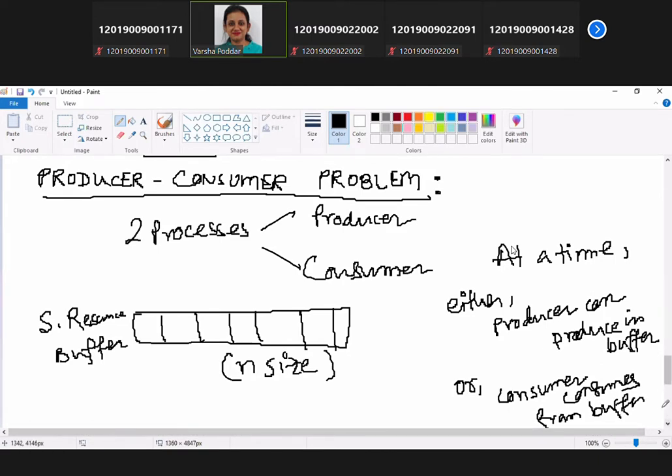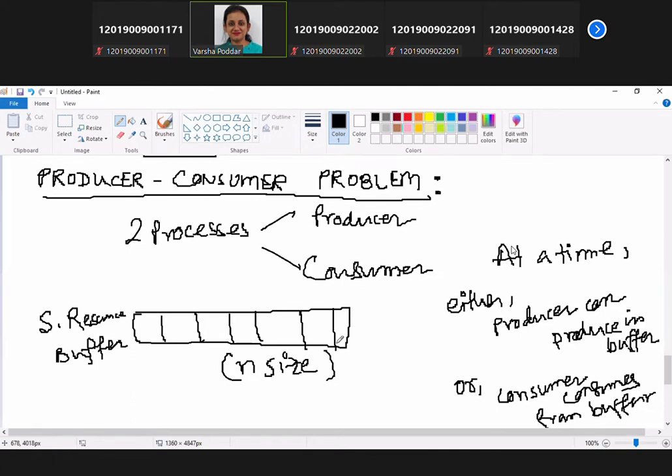Understand the problem first. At a time, either producer or consumer can work. The producer will produce in the buffer. Whatever the producer will produce will be added in the buffer. Or else the consumer will consume, that will be deleted from the buffer. Right? So this is the concept of the producer-consumer problem.